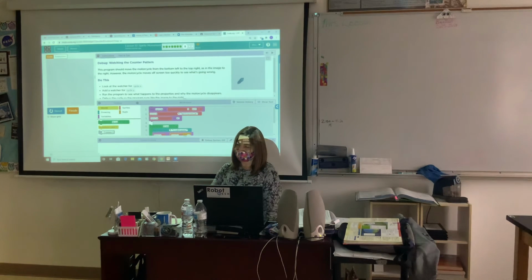It's on the right-hand side. In that bottom right-hand corner, you'll see they've added a watcher that constantly shows the X value. Right now the X value is at more than 7,000. We're well off the screen. But if I run it from the beginning, it starts at 0 and works its way positive.